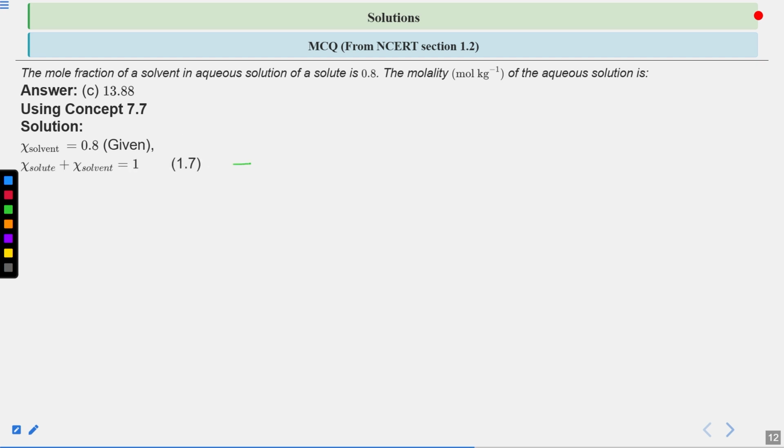You know this relation from NCERT equation 1.7: the sum of the mole fraction of solute and the mole fraction of solvent is equal to 1. And we already have the mole fraction of the solvent, which is 0.8.